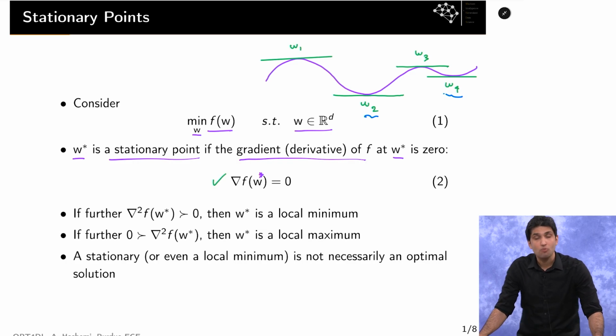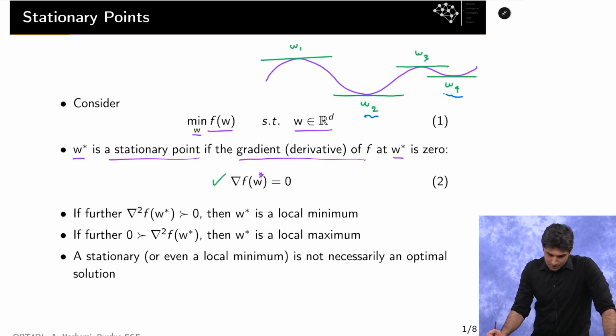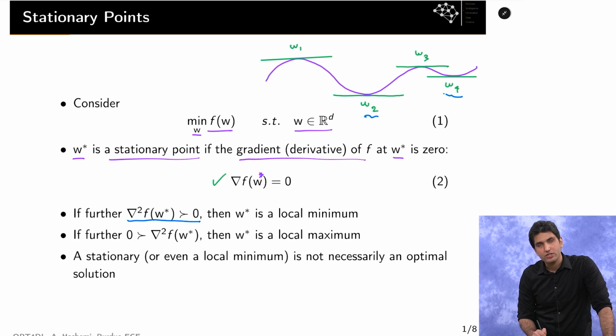In particular, if I'm able to calculate the Hessian of the function at w*, if the Hessian is positive definite, then w* is a local minimum. On the other hand, if the Hessian is negative definite, w* is a local maximum.